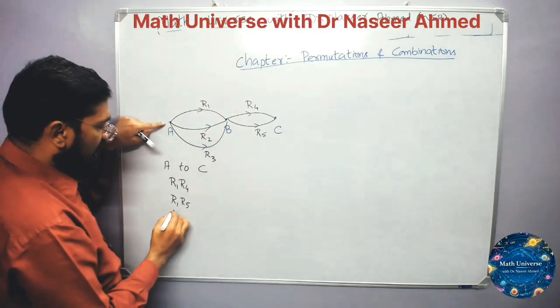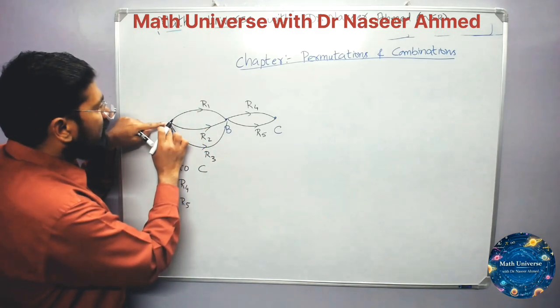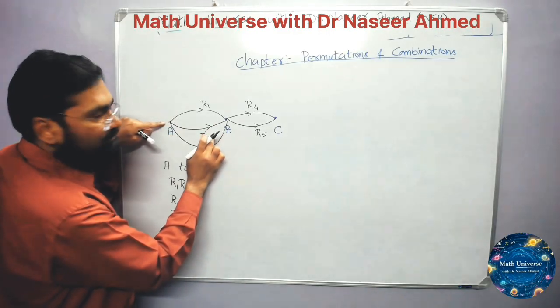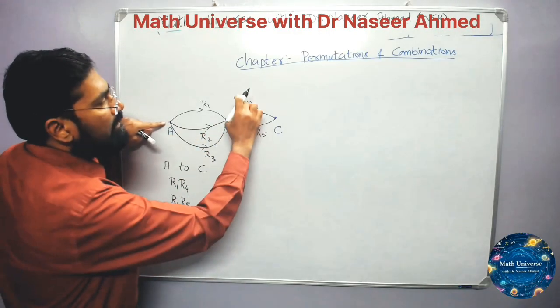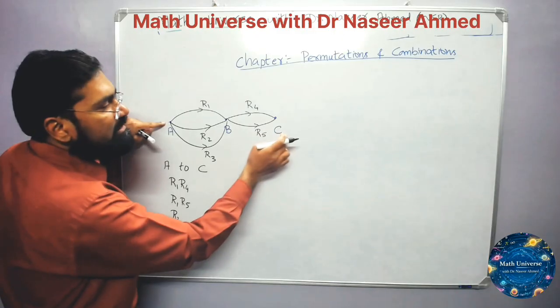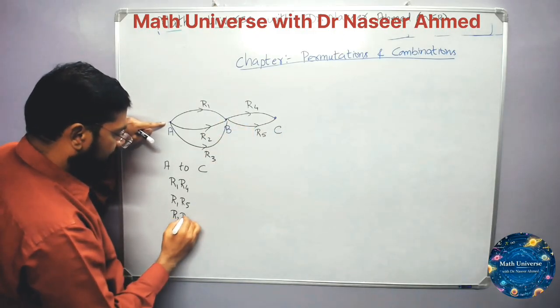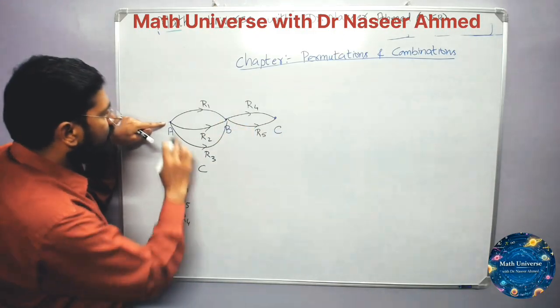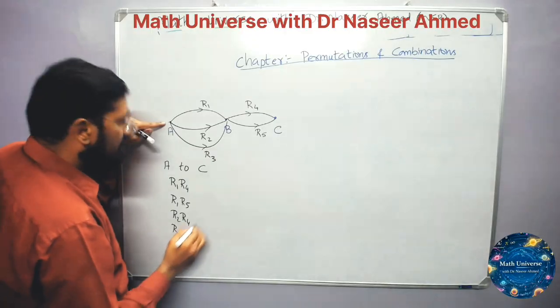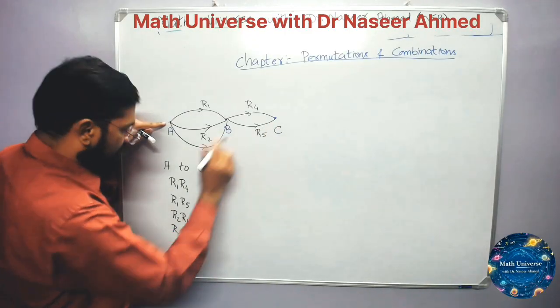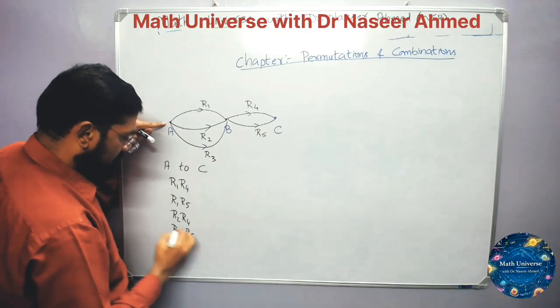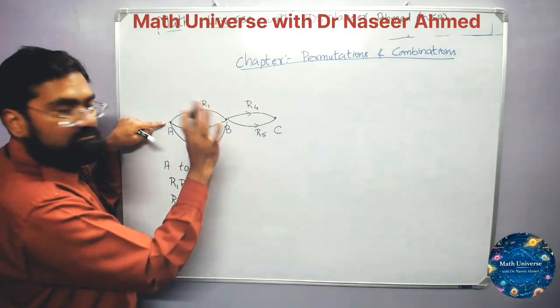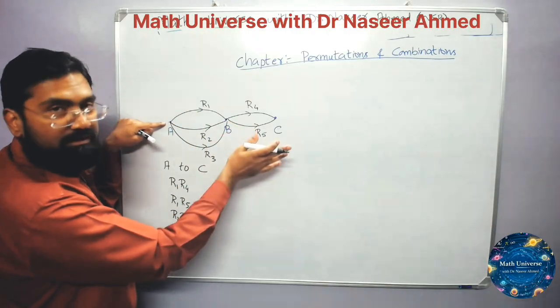If I go with R2, after reaching from A to B via R2, I can take any one of the paths to reach C. So R4. It can also happen that I went from A to B, R2, then from B to C by R5. With respect to R2, that's all, no more ways.